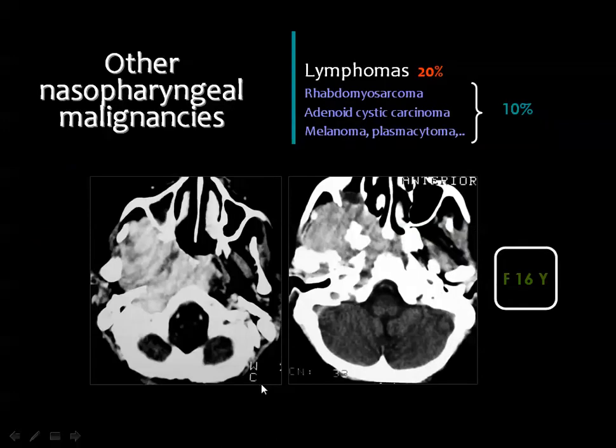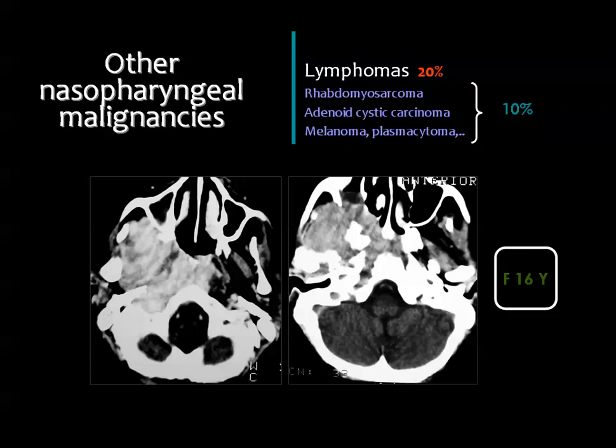Then other nasopharyngeal malignancies, as I have said, are the carcinomas, adenoid cystic carcinoma, and the mucoepidermoid carcinoma. Also, you may have other tumors like lymphoma and rhabdomyosarcoma.